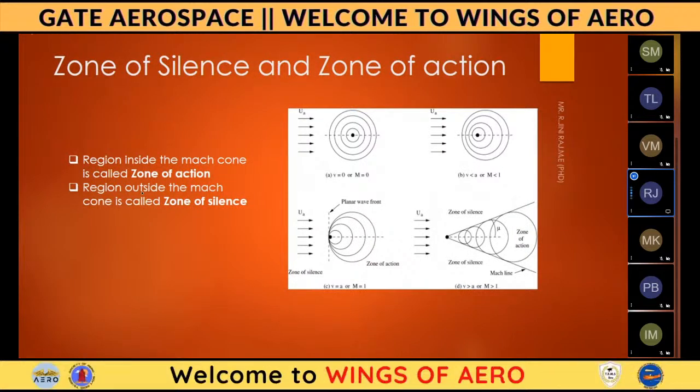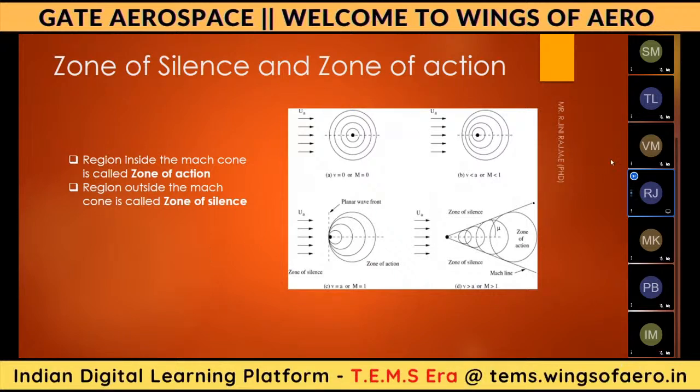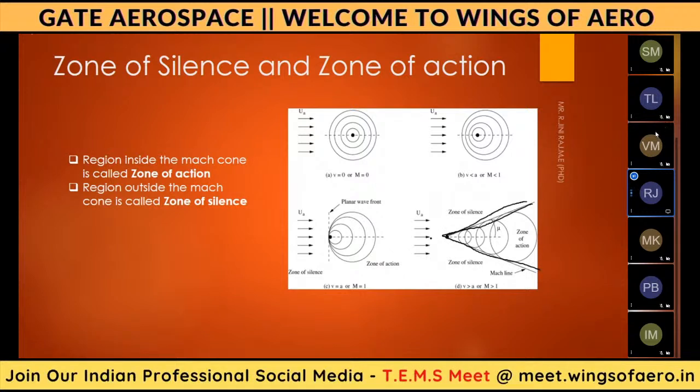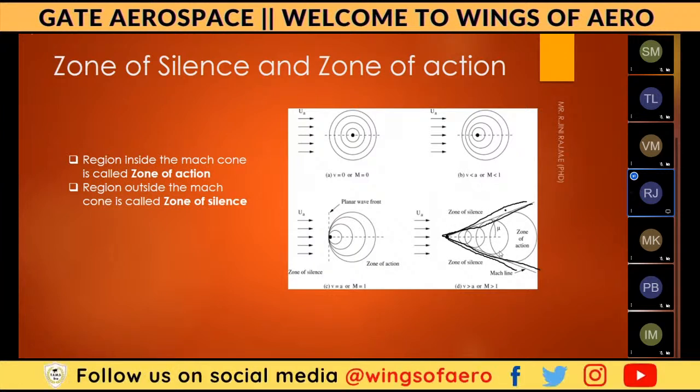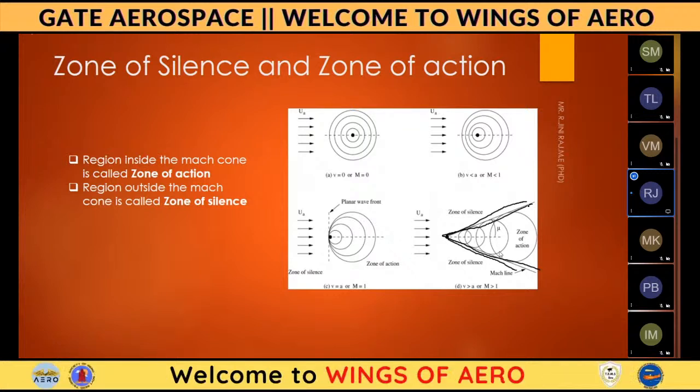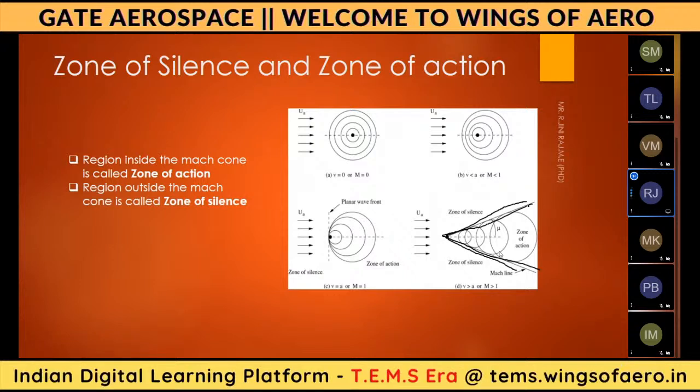So we all know Mach cone. I haven't explained that Mach cone. So here see this. There are two lines. One is a left running line, and another one is a right running line. When we picturize these lines as a whole, it is in the form of a cone. This cone is called Mach cone. When viewing from the front, these Mach lines are like a Mach cone, so the propagation will also be in the form of a cone only.